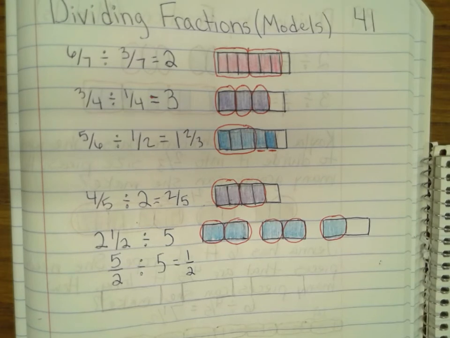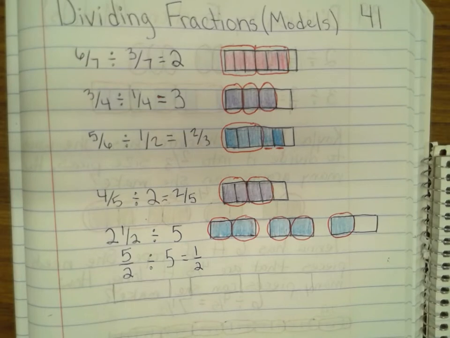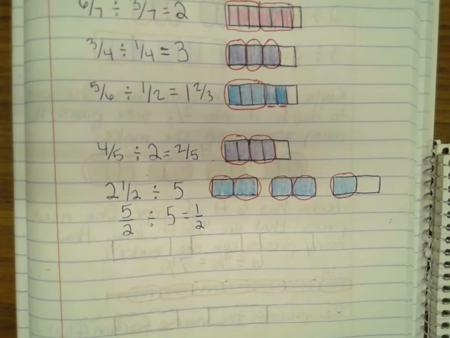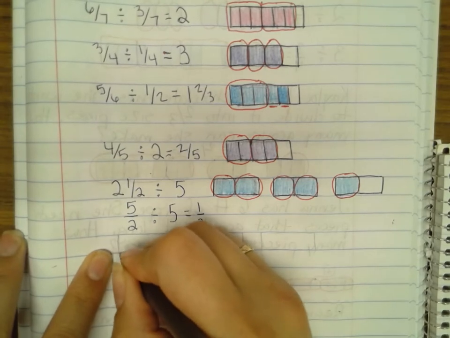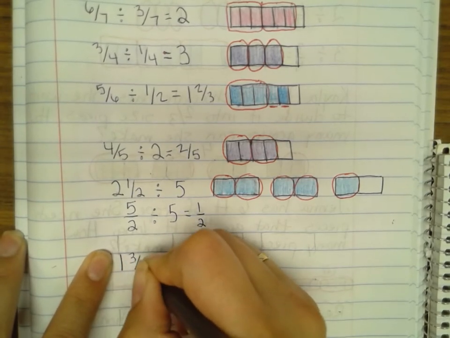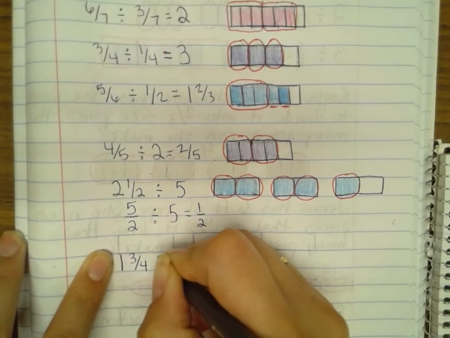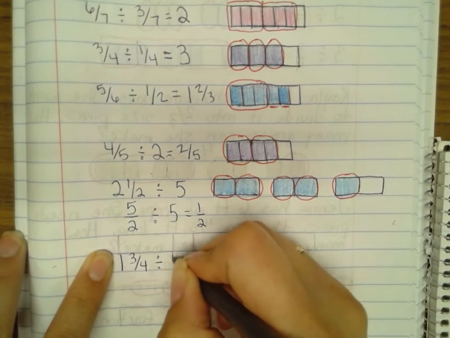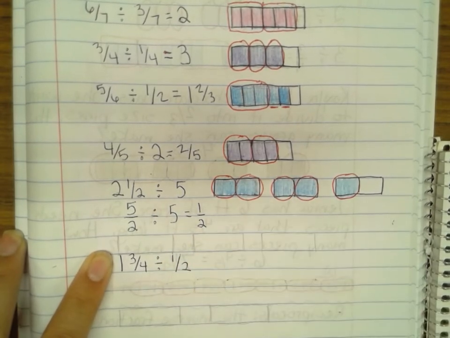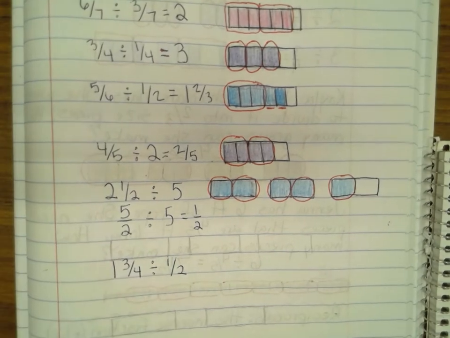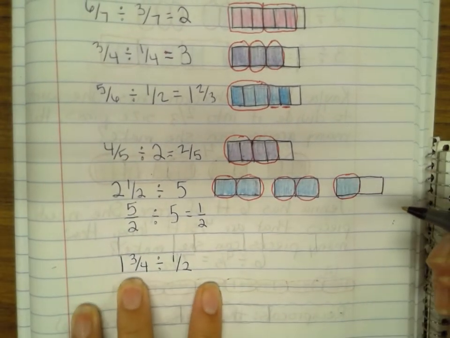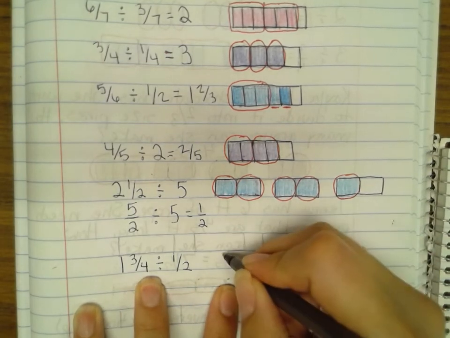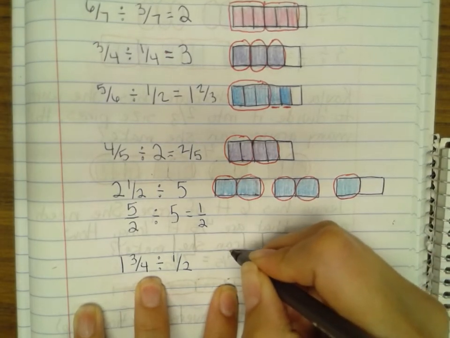Okay, let's try another one similar to that. I want you to skip a line, and we're going to do 1 3/4, and we're going to divide that into groups of 1/2. Once again, we want to draw 1 3/4. Let's draw what we're splitting up, our dividend.